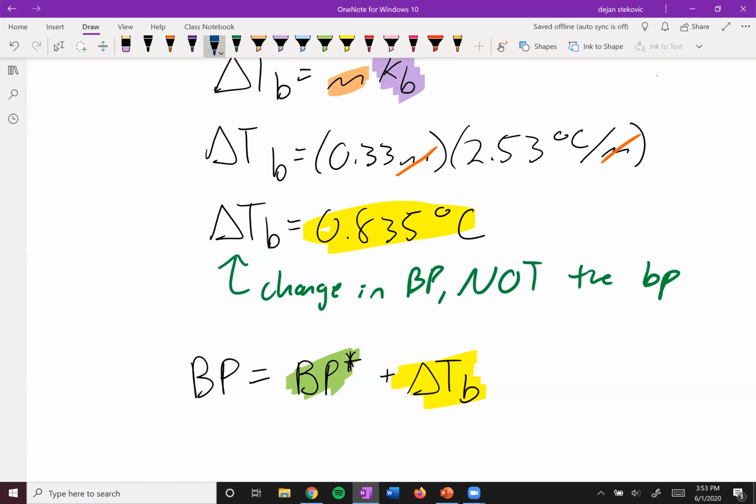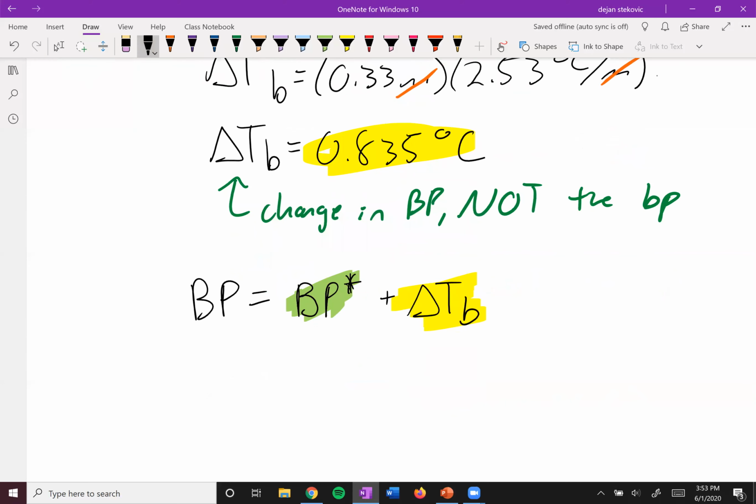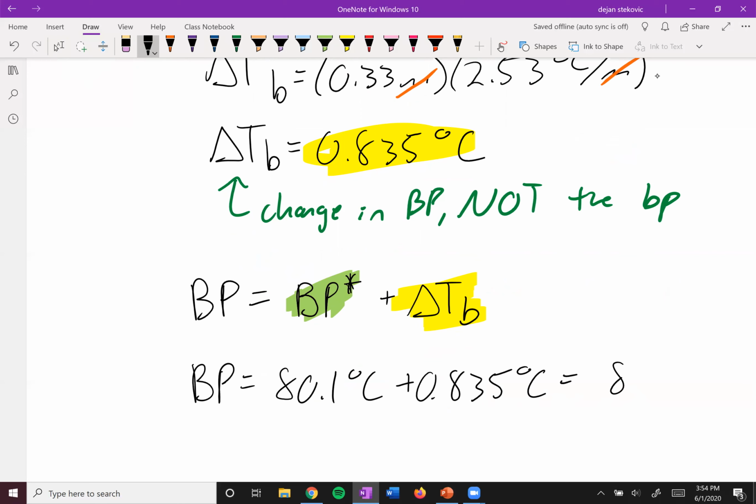So this number needs to increase. You'll always have a bigger number at the end than when you started, right? So 80.1 degrees Celsius plus 0.835 degrees Celsius will get 80.9 degrees Celsius. So just make sure you're actually answering the question, finding the new boiling point and not just the change in boiling point.